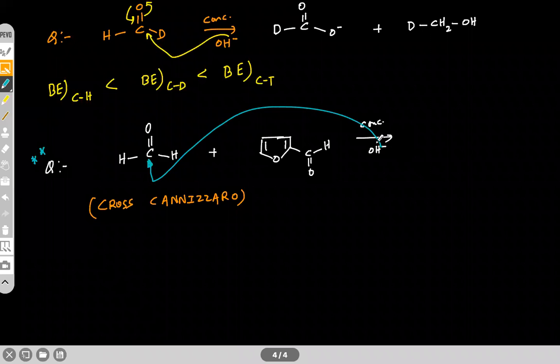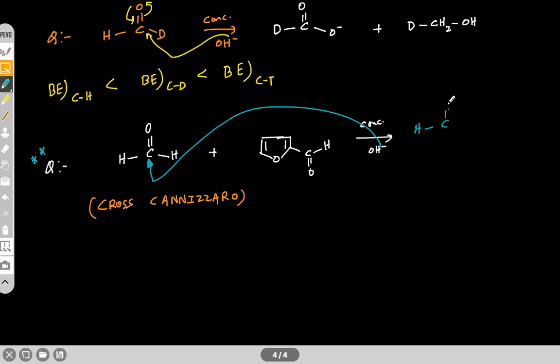It always attacks onto formaldehyde, and hence formaldehyde always goes under oxidation. So we'll get here the oxidized product with respect to formaldehyde, and whatever other molecule we have gives you the reduced product. Here we have CH2OH. Any doubt in this?